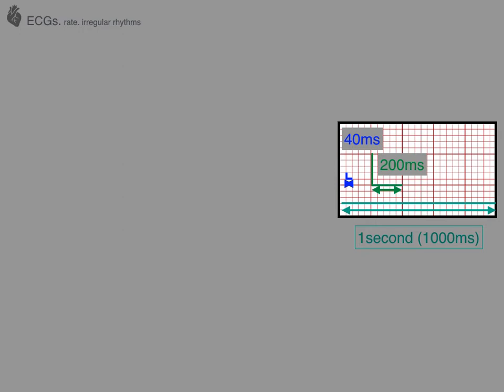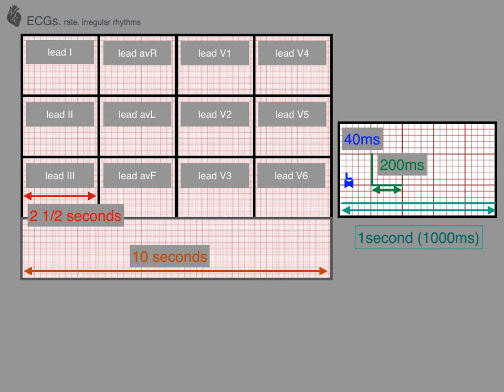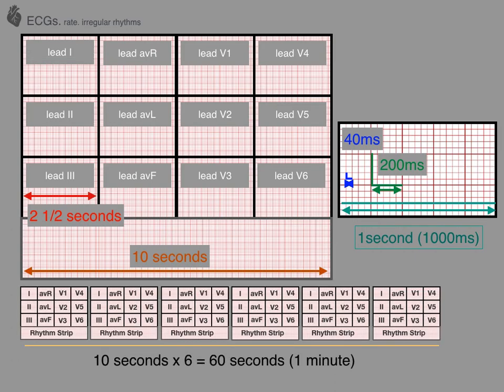So now let's think about what we'd do with an irregular rhythm when it came to calculating a rate. We'll start by reminding ourselves that each ECG reads for 10 seconds. As each ECG itself is 10 seconds long, if we recorded 6 ECGs continually, we'd have 60 seconds and therefore 1 minute.